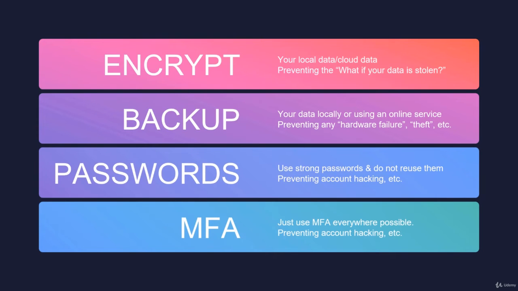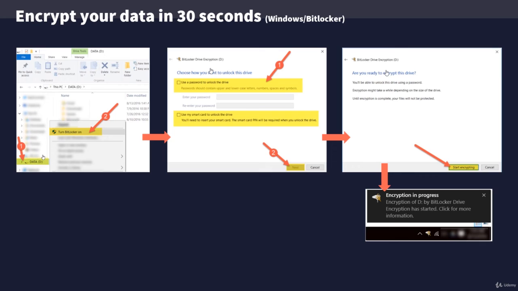And now let's see how complicated it is to encrypt your drive using BitLocker. Can we make it in 30 seconds? As I mentioned earlier, this option is available on most newer Windows operating systems. But let's actually see how you can do it.